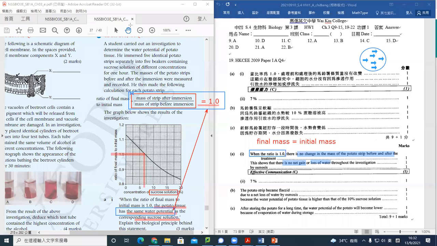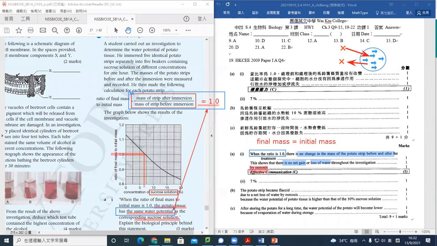There's no gain of water, no net loss of water by osmosis.